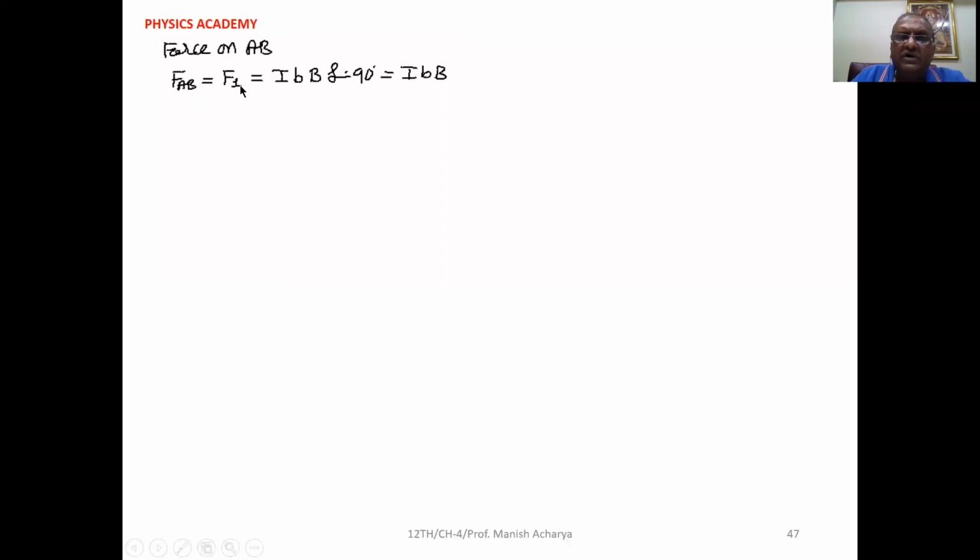Up to this one clear? Now, force on the AB part of the loop. Say the force on AB is F1. So that is I B, where B is the length of the AB part. So the current element is I B. Now it is making an angle of 90 degrees with respect to the magnetic field.